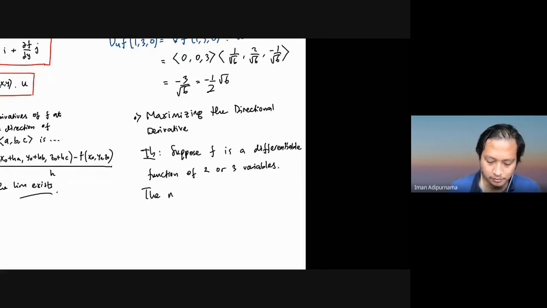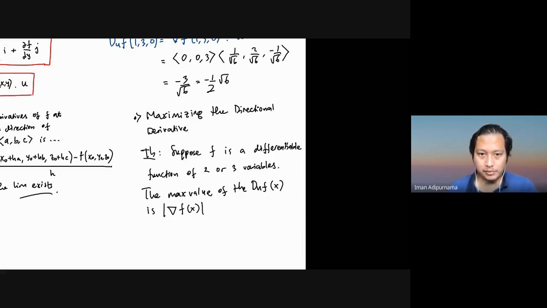The maximum value of the directional derivative is the gradient vector in absolute value.